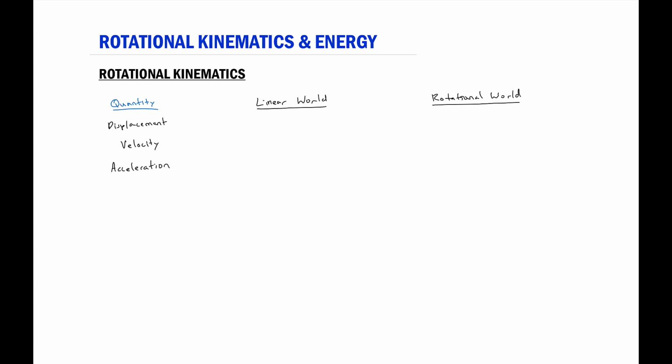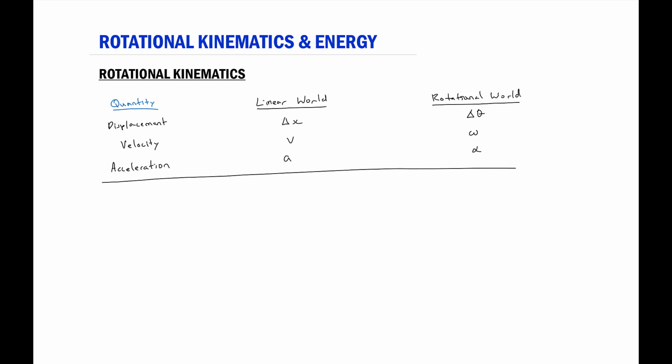We've already come up with displacement in the linear world as delta x. We know that it is delta theta in the rotational world. We know that velocity is v in the linear world, and we know that angular velocity is omega. Acceleration is a in the linear world, and acceleration is alpha in the rotational world.